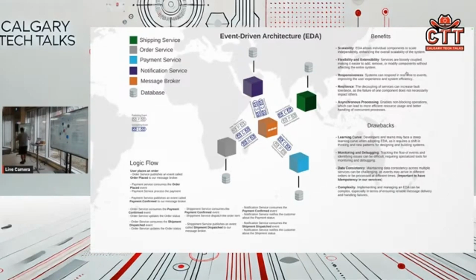Because this is a simple example, of course, but when you're talking about the fintech world, it can be huge. We can have hundreds of microservices here communicating between them. And for example, we can have a cluster of message brokers. Right now, I only have one message broker.